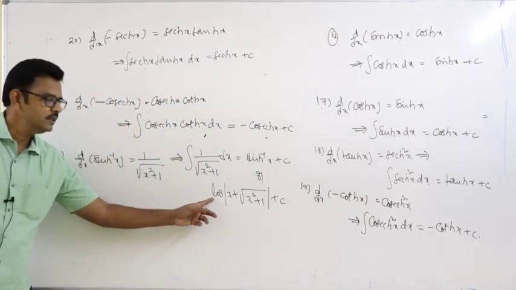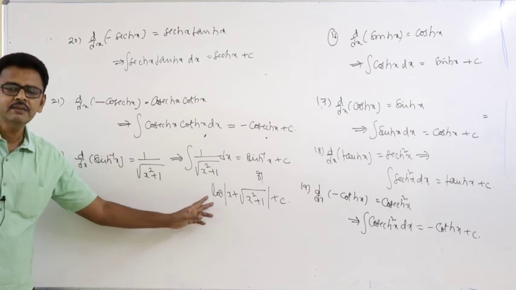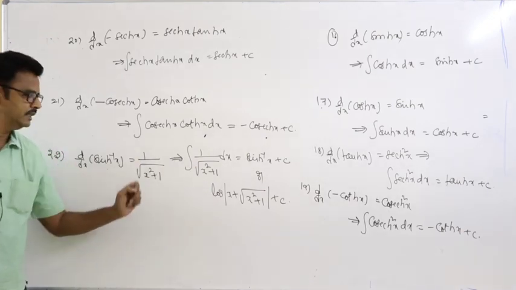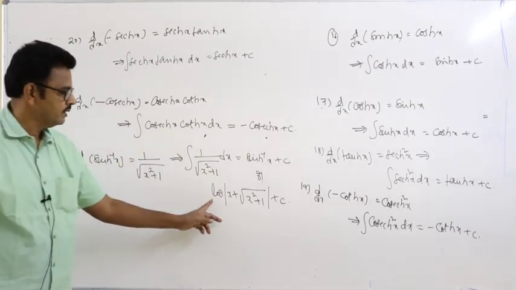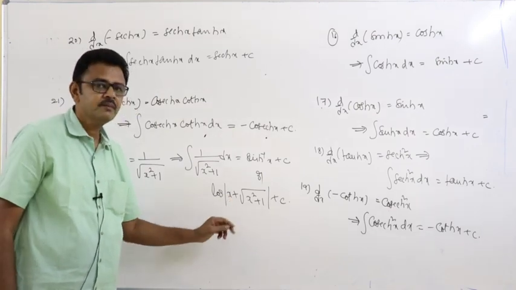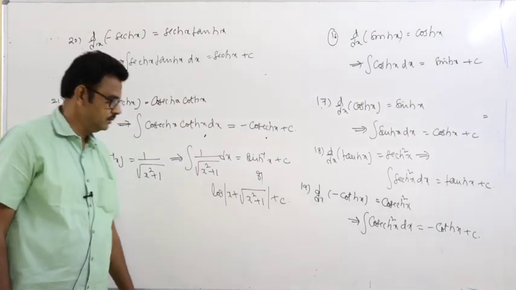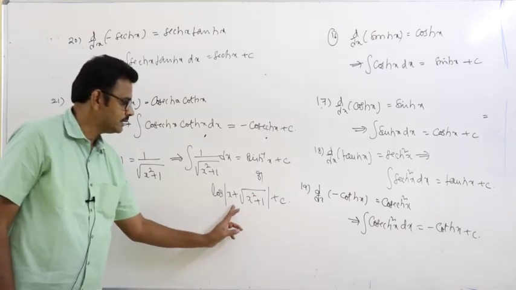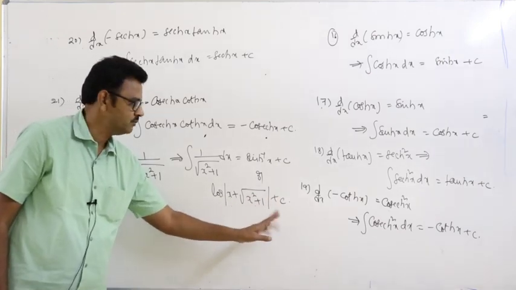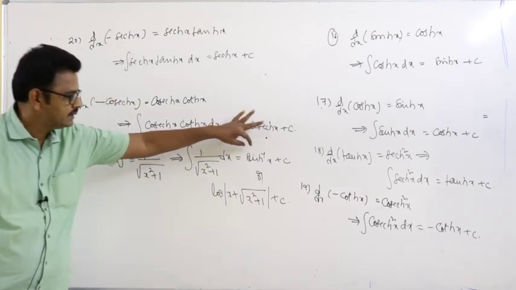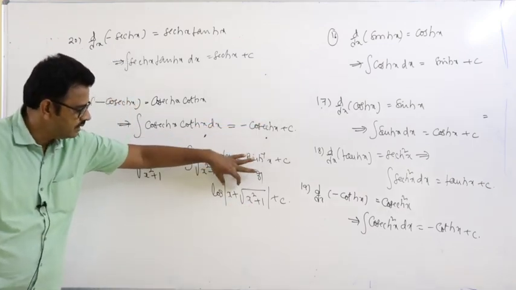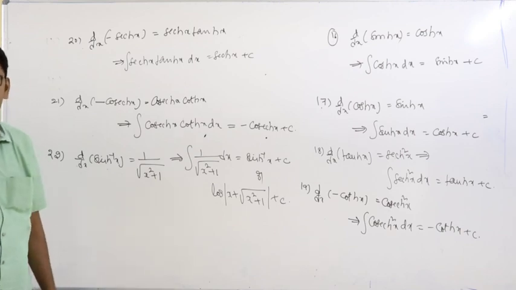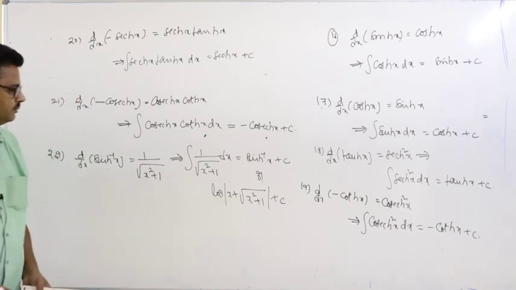In first year hyperbolic functions, there is a derivation: prove that sin h inverse x is equal to log of x plus root of x square plus 1.